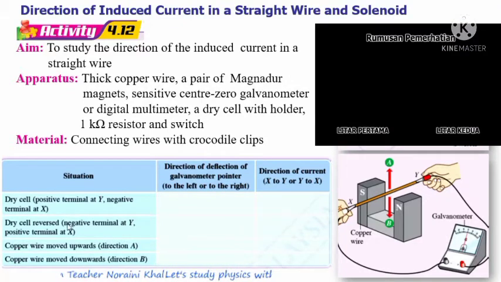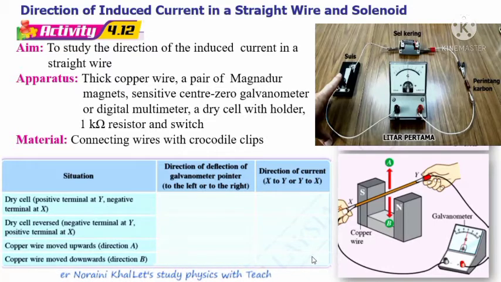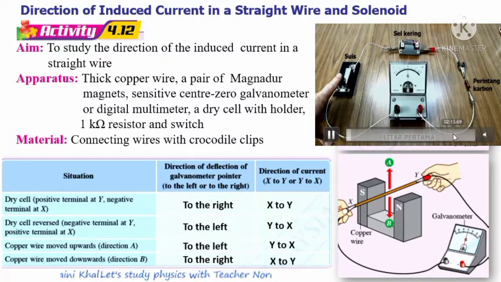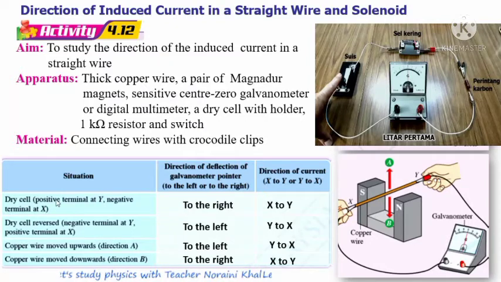Okay, now let's fill in all the answers here. Dry cell, positive terminal at Y, negative terminal at X. Direction of deflection of galvanometer is to the right.